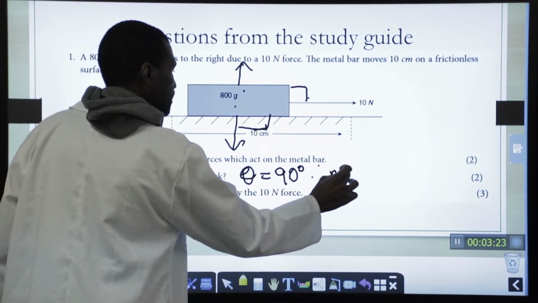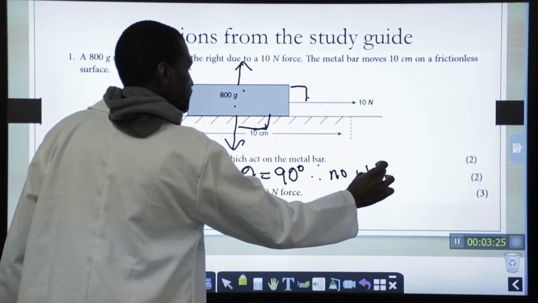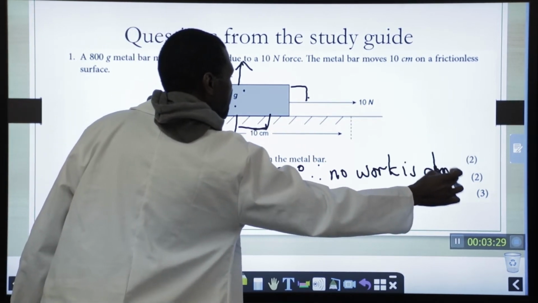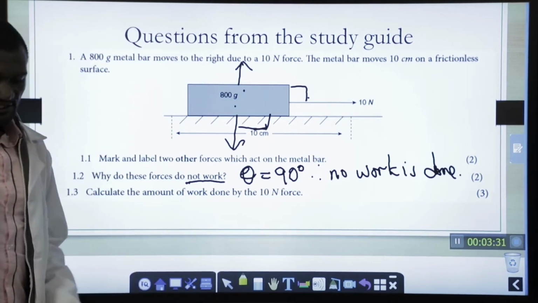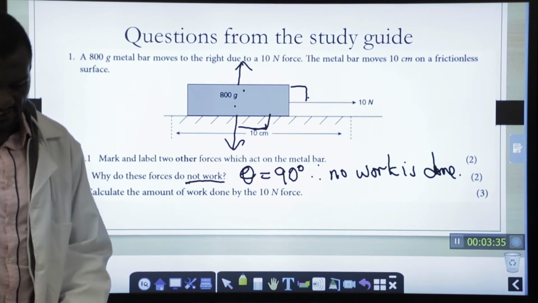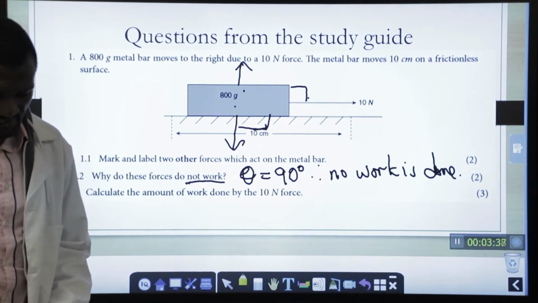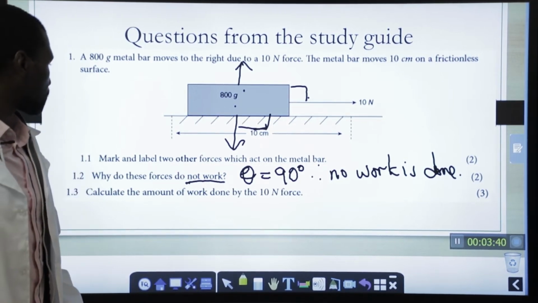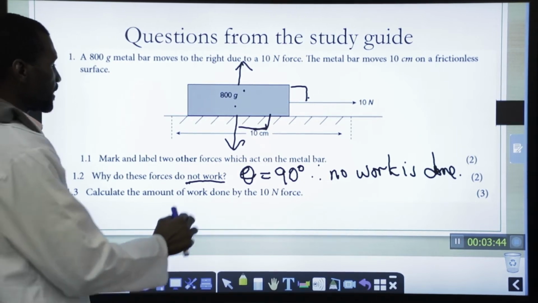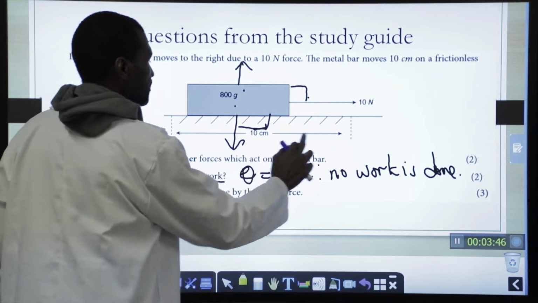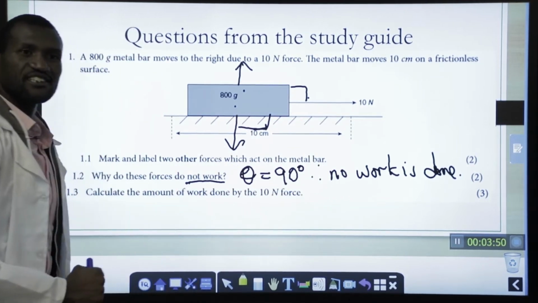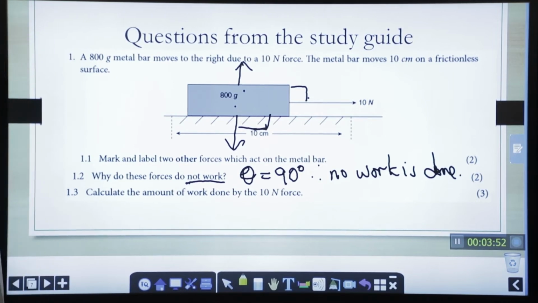Therefore, no work is done. So for simple 2 marks, you're stating that absolutely no work is being done in this instance because our theta is equal to 90 degrees. In other words, the angle between the change in x and the force is equal to 90 degrees.